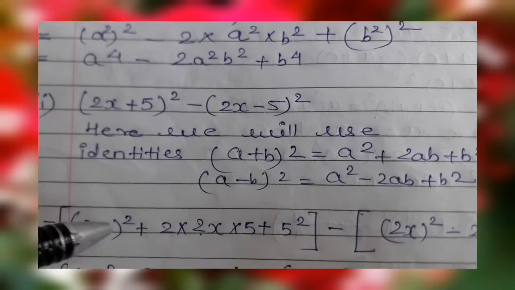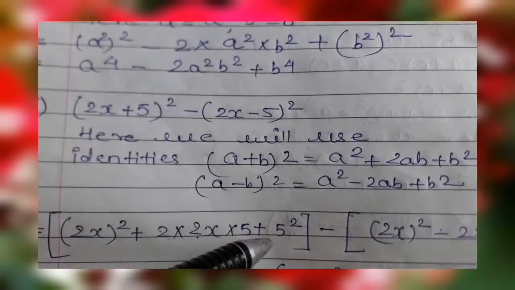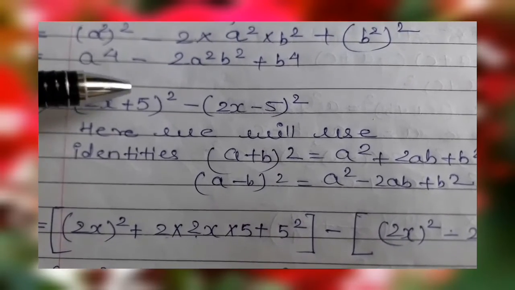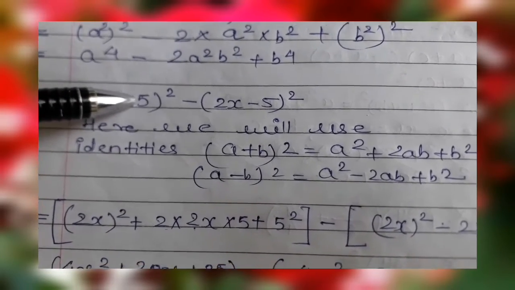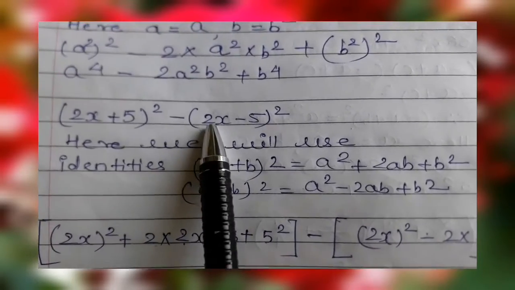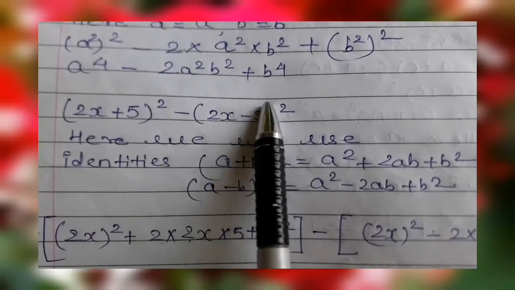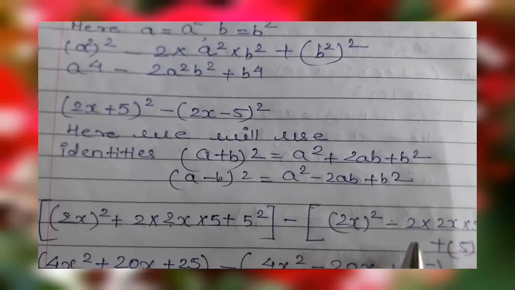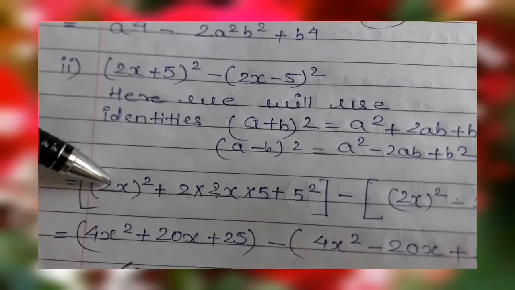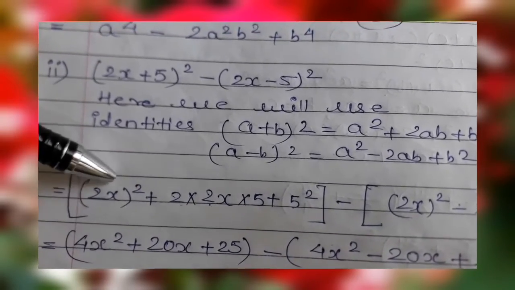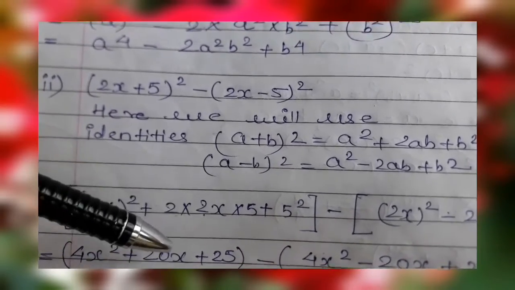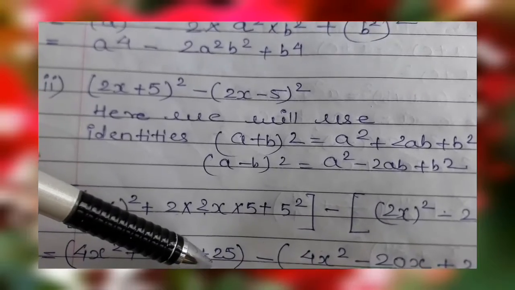Okay, a² + 2ab + b², here in place of a it is 2x, in place of b it is 5. Then minus sign, so we have put minus here, then again we'll expand this using the identity a² − 2ab + b². Now the square of 2 is 4x², plus 4 × 5: 2 2s are 4 and 4 5s are 20x, 5 squared is 25.